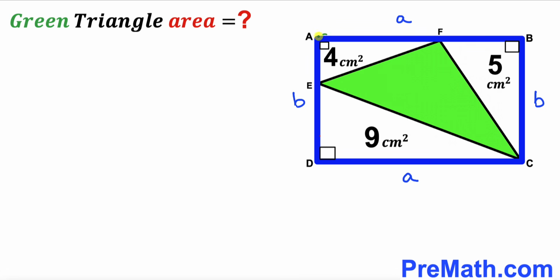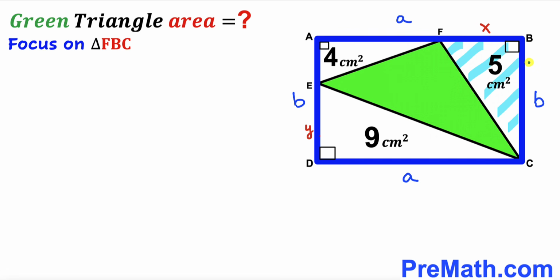Bear in mind that all the interior angles of this rectangle are going to be 90 degrees each. Now I'm going to label this segment BF length as x and this DE length as y.